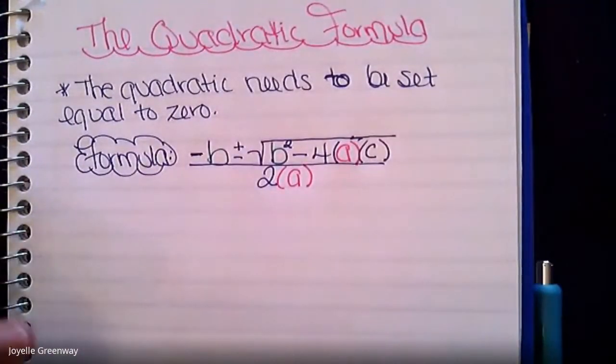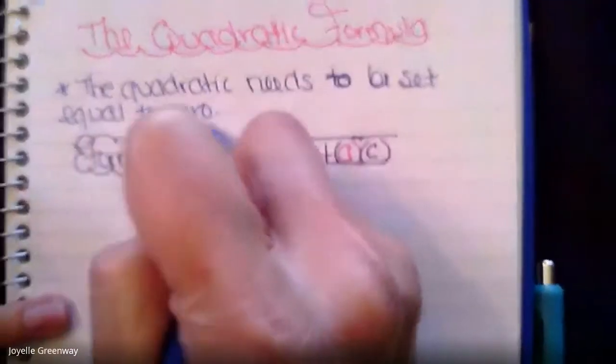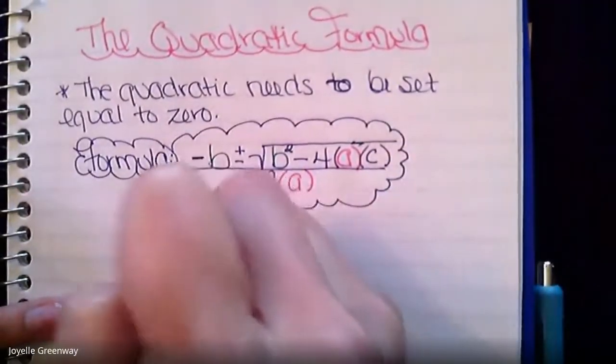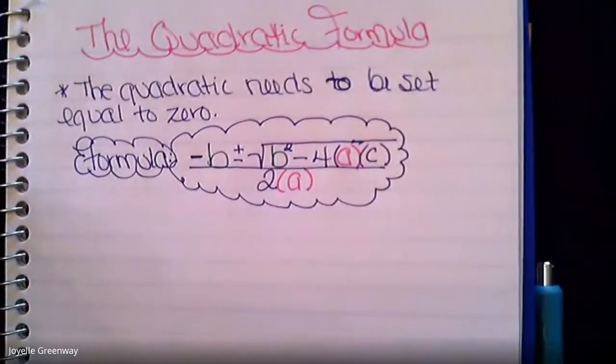Okay, so here is your formula. Negative b plus or minus the square root of b squared minus 4 times a times c. All of that is divided by 2a.